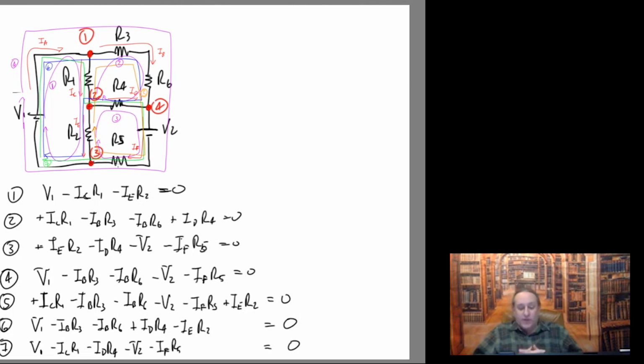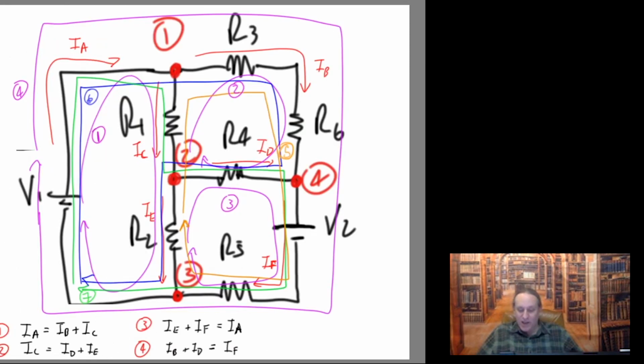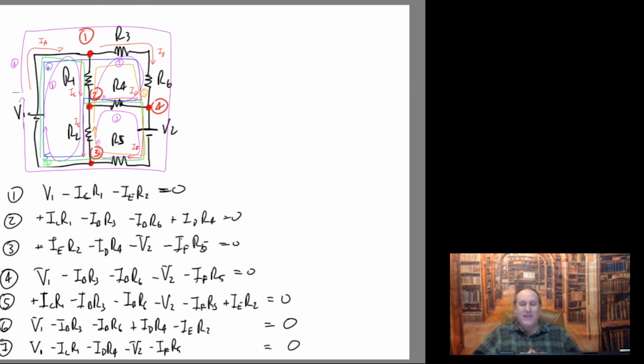Okay. So this is a system of, let's see, 7 plus 4, 11 equations. And how many unknowns do we have? We have currents A through F, so that's six currents. So there's way more equations than we need.